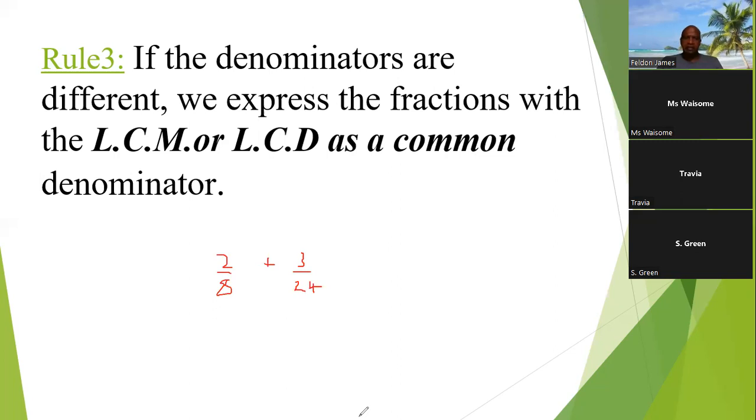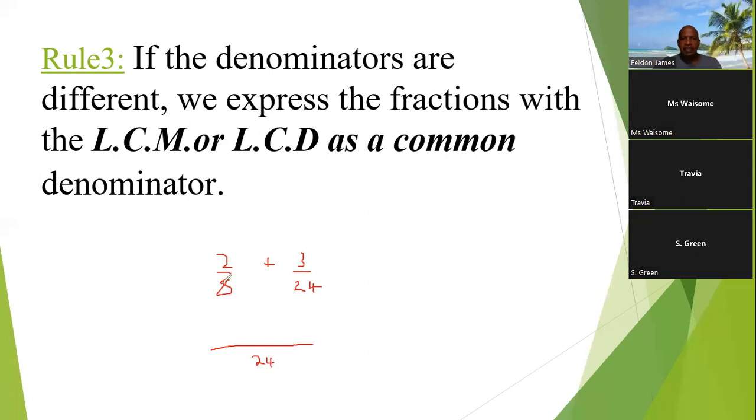Are the denominators the same, students? No, sir. So if the denominators are not the same, then we should find what? LCM. Right, the LCM. And sometimes we may say LCD, which is the lowest common denominator. So the LCM of 8 and 24 would be what? 24. So we would have 24 as the LCM.